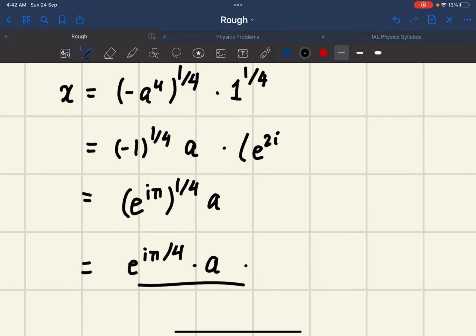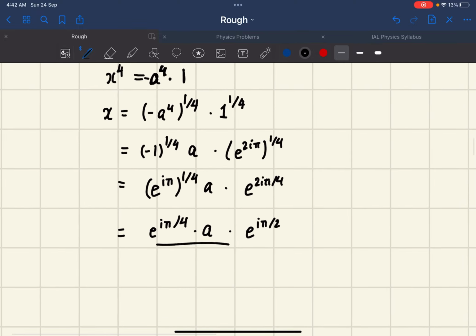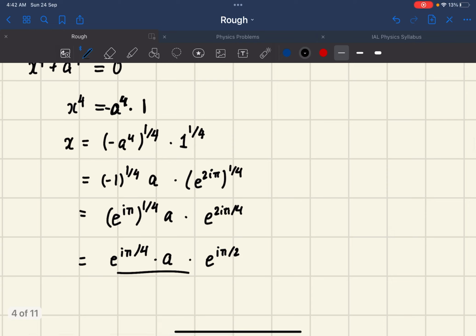So we can do this. e to the 2i pi, to the power of 1 over 4, is another root. And if you use 1 equals e to the 4i pi, you will get another root, and so on.